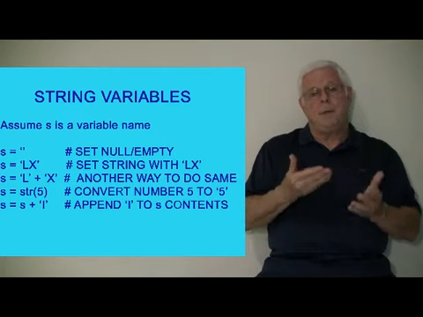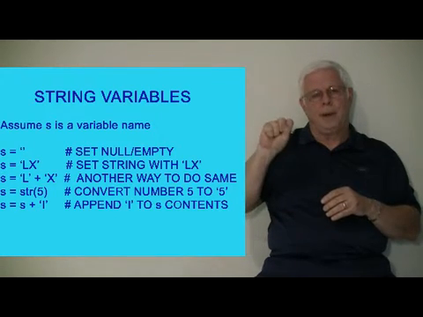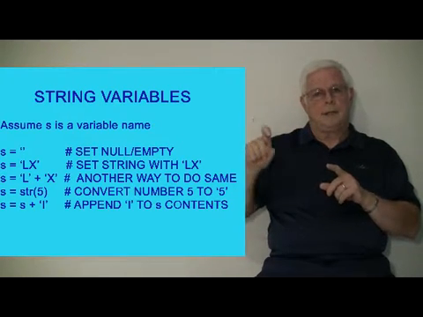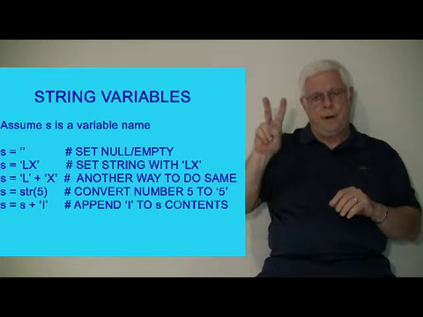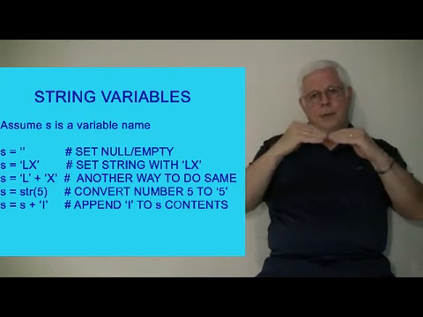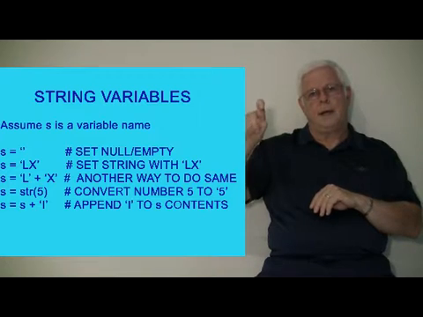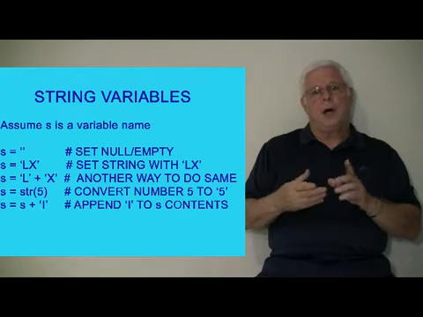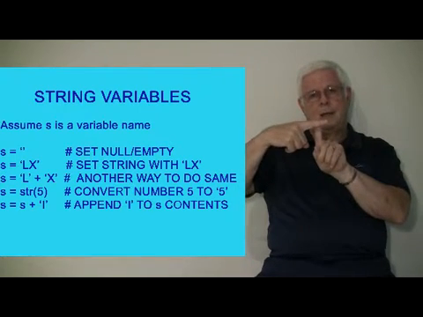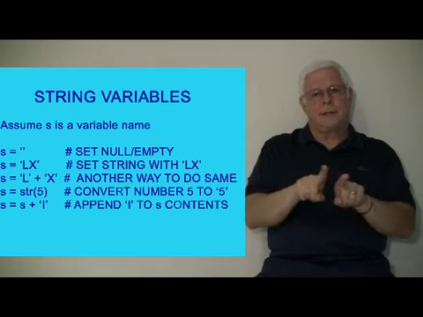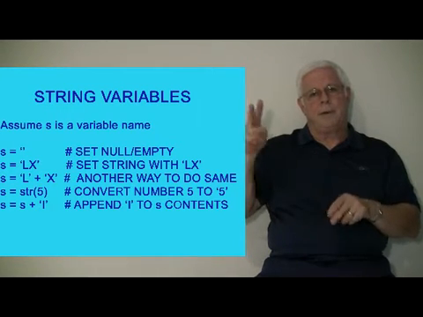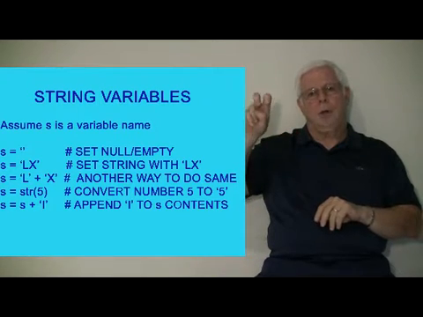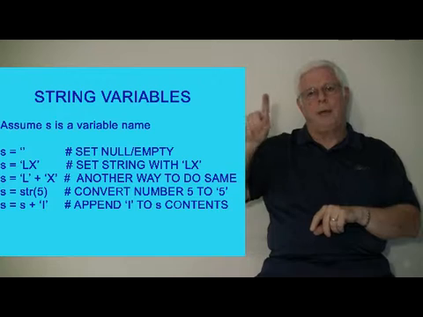And then maybe you want to put into that variable S the letters L and X. So you can say variable name S is equal to quote L X quote. And then maybe you want to use concatenation to make the same thing. So you can say variable name S is equal to quote L quote plus sign quote X quote.